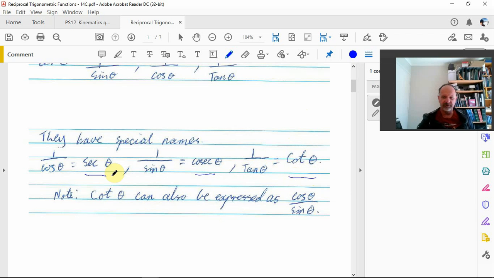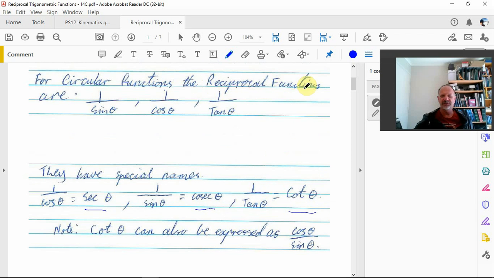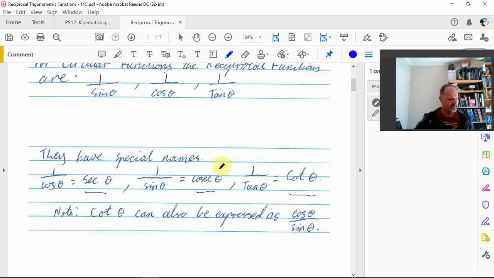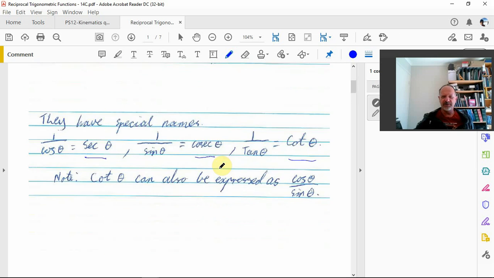All right, hope I haven't confused anybody by saying that. So for circular functions, reciprocal functions are 1 over, and we use these names. That's all we use, unless we physically write the 1 over sine, but normally it would be written as cosec.